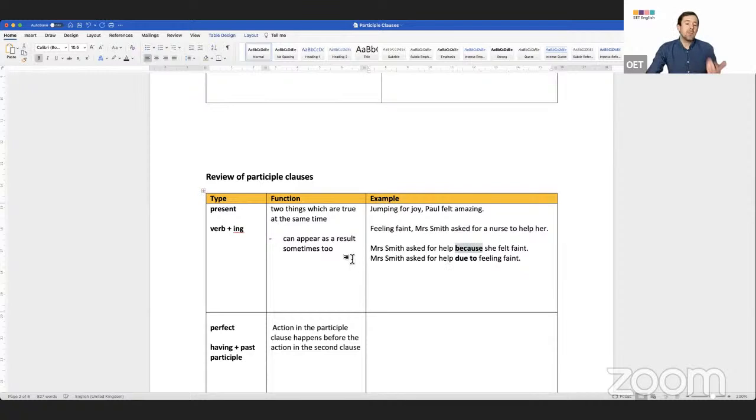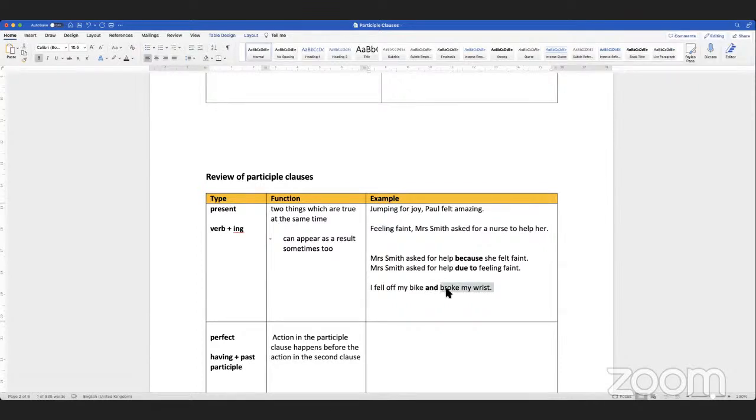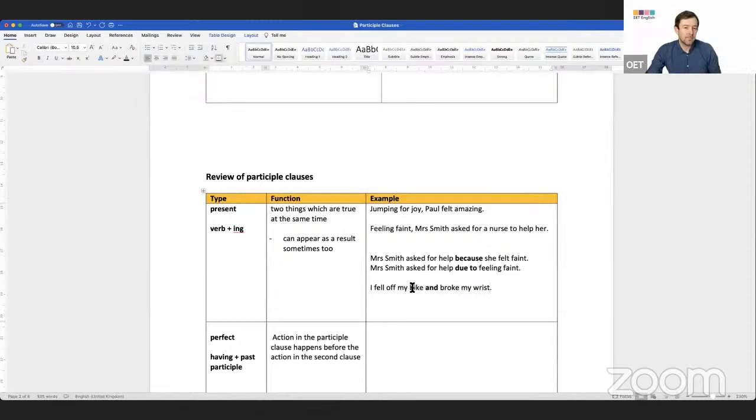Okay, now that's okay. So it does sometimes appear like it's a result. It does feel like that. Remember when I also said this, I fell off my bike and broke my wrist. Do you remember when we did that? It feels like it's showing a result. It feels like it's showing that this one happened after that one.